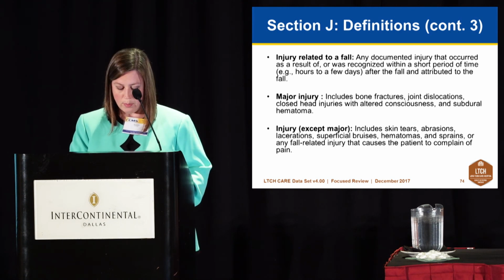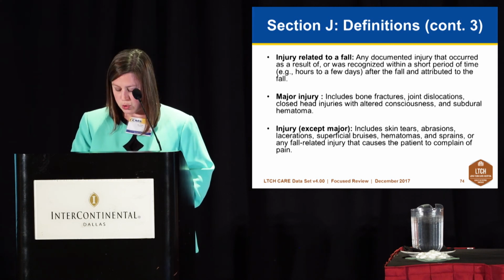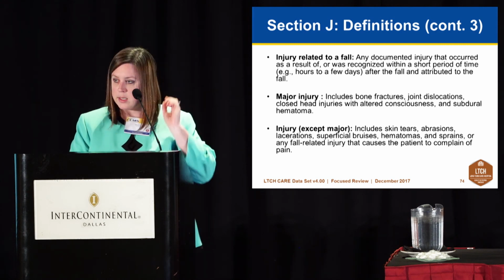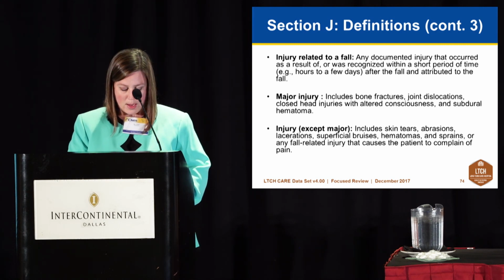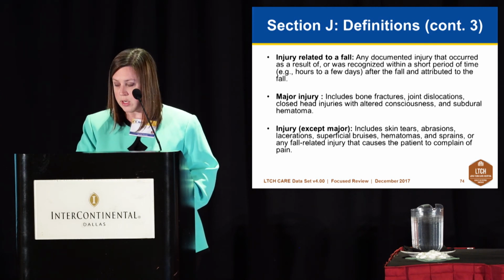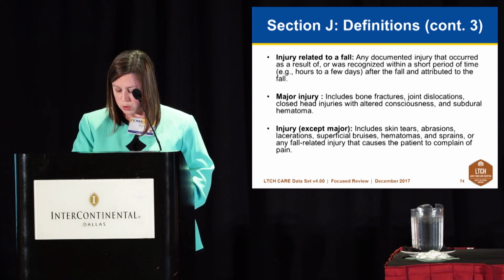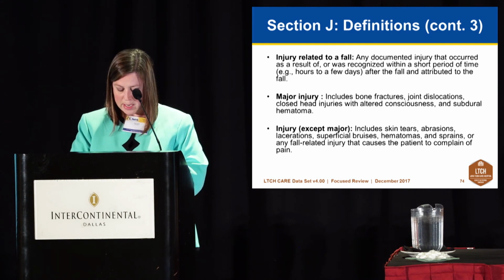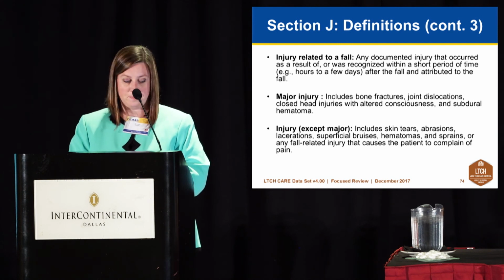So that injury would be relatable in this section. Major injury includes bone fractures, joint dislocations, closed head injuries with altered consciousness, and subdural hematomas. An injury except major includes skin tears, abrasions, lacerations, superficial bruises, hematomas, and sprains, or any fall-related injury that caused the patient to complain of pain.